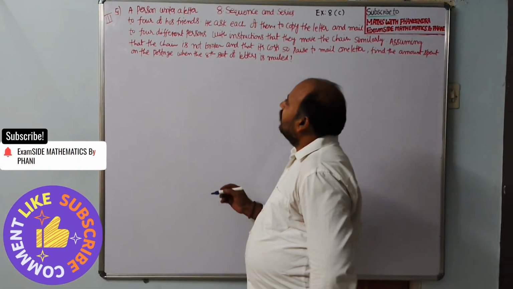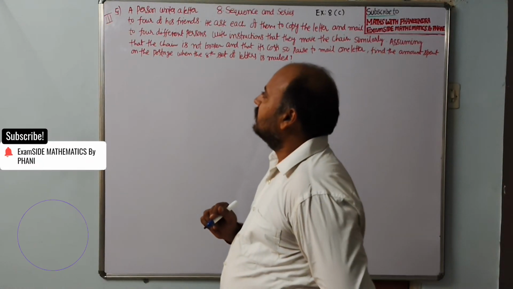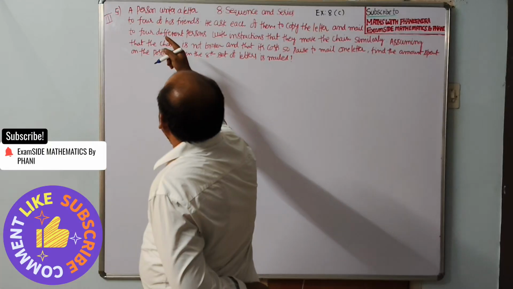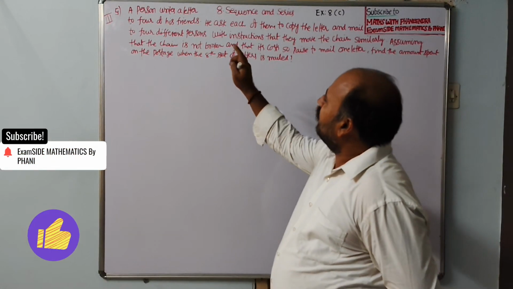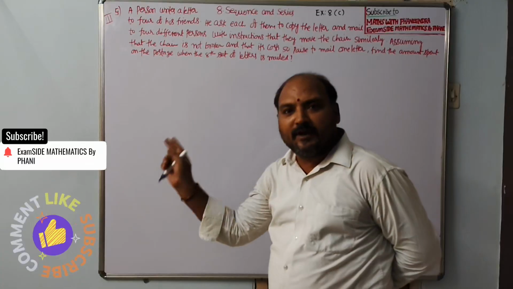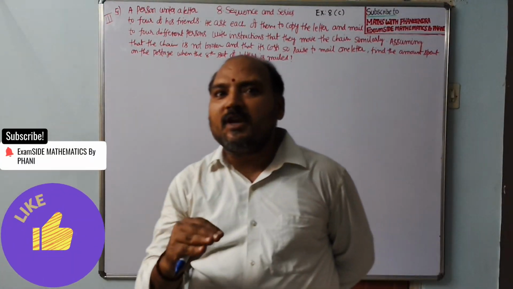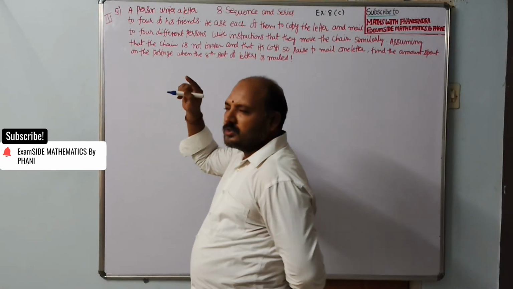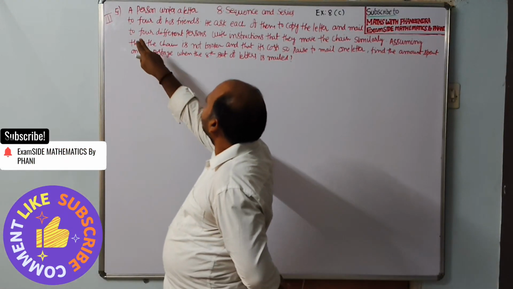See, here the thing is, by observing, a person writes a letter to 4 of his friends. So initially, it shows a geometrical progression.